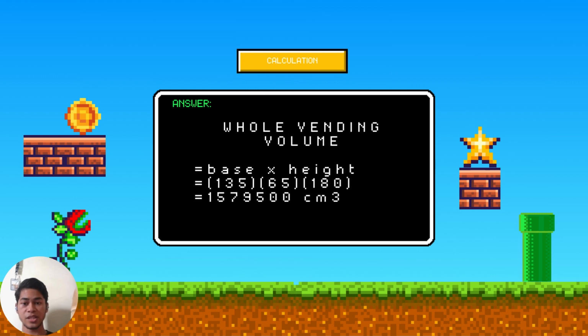For the calculation, the whole vending machine volume is based on height. It means 135 multiplied by 65 and 118. It will total up to 1,579,500 centimeter cube.